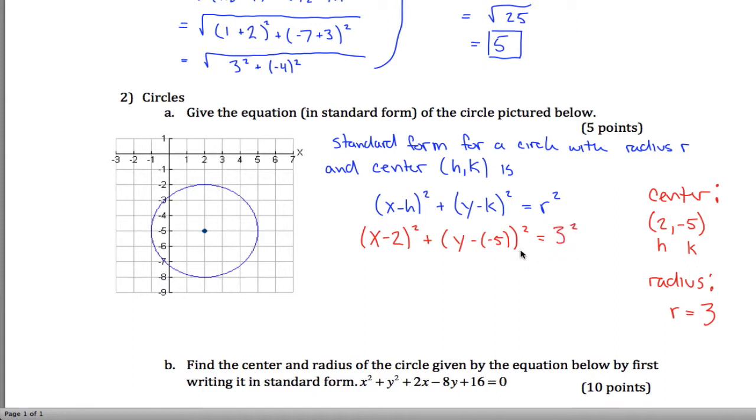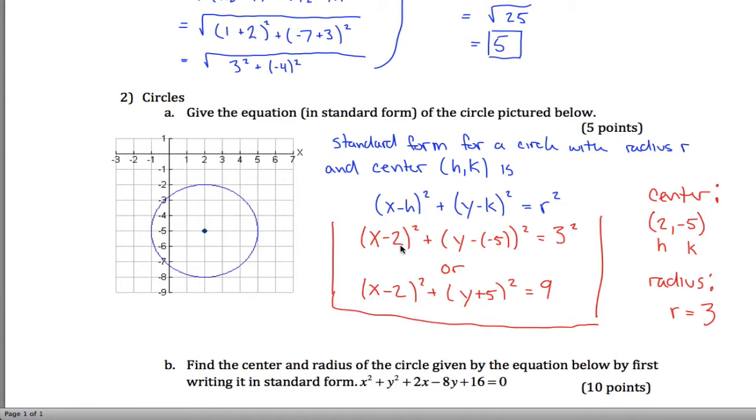You could leave it just like this if you want, or if you felt like writing it a little bit neater, you could write x minus 2 squared plus y plus 5 squared is equal to 9. Whatever, I don't really care. Do whatever you want. Either of these work as the right answer. Maybe I'll put them both in this big box. Squeeze that in there. I'm going to call it good. This right here is the equation that represents all points on this circle right here.